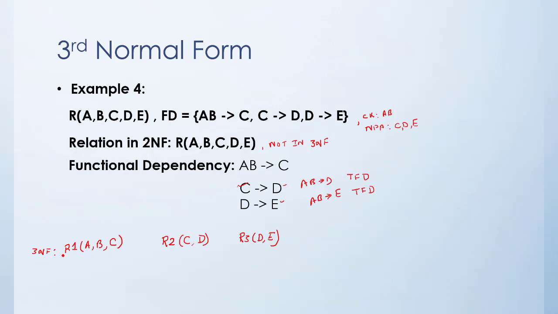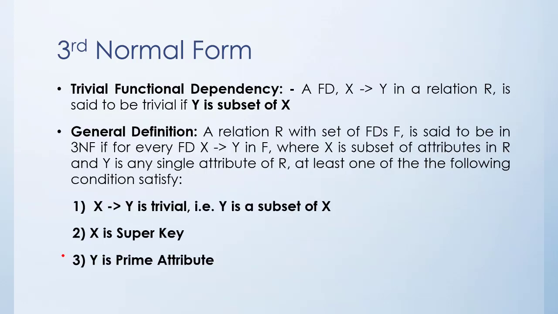So, to overcome this problem, the alternative or general definition of 3NF is given, and it is like this: a relation R with a set of functional dependencies F is said to be in 3NF if for every functional dependency X determines Y in F, where X is a subset of attributes in R and Y is any single attribute of R, at least one of the following conditions is satisfied.